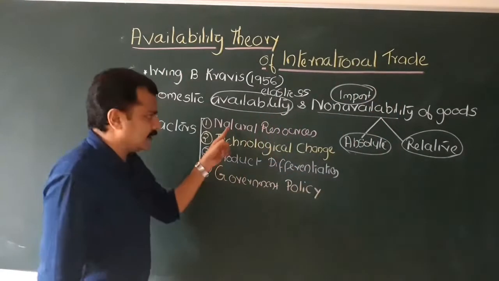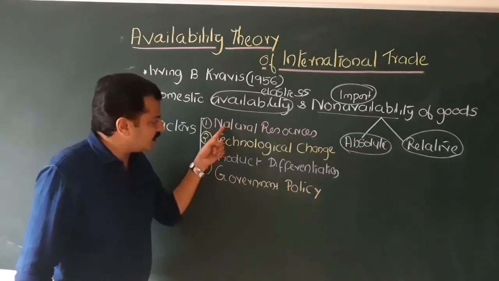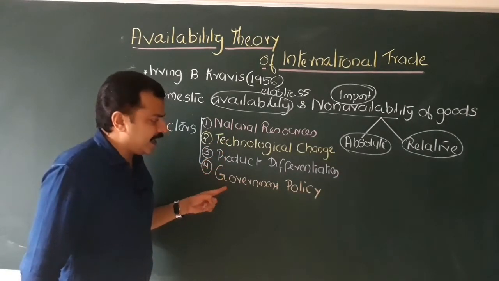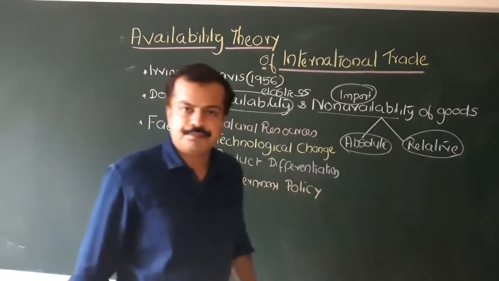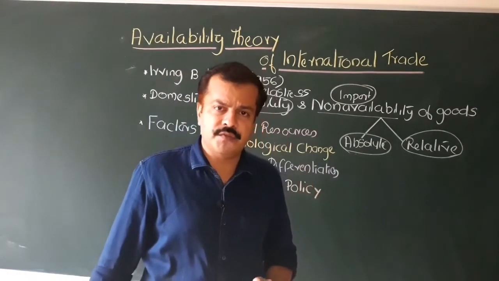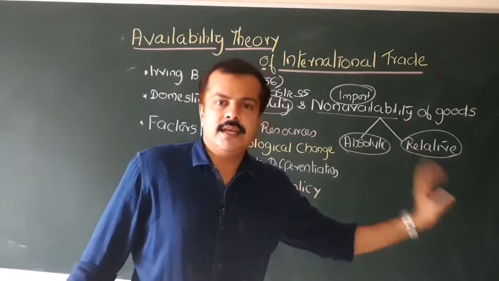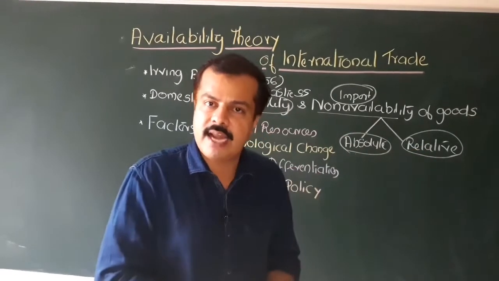These are the natural resources, the technological change, the product differentiation, and the government policy. Now let us examine each one of them and see how they influence availability according to the Kravis theory.